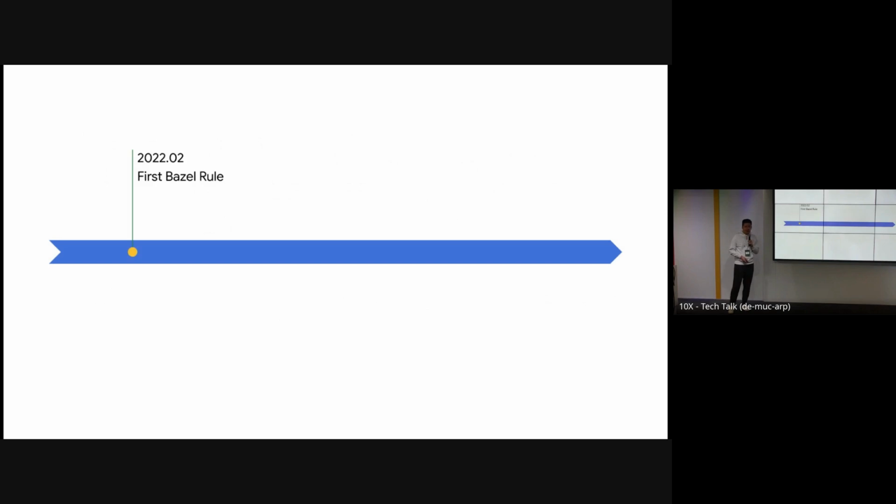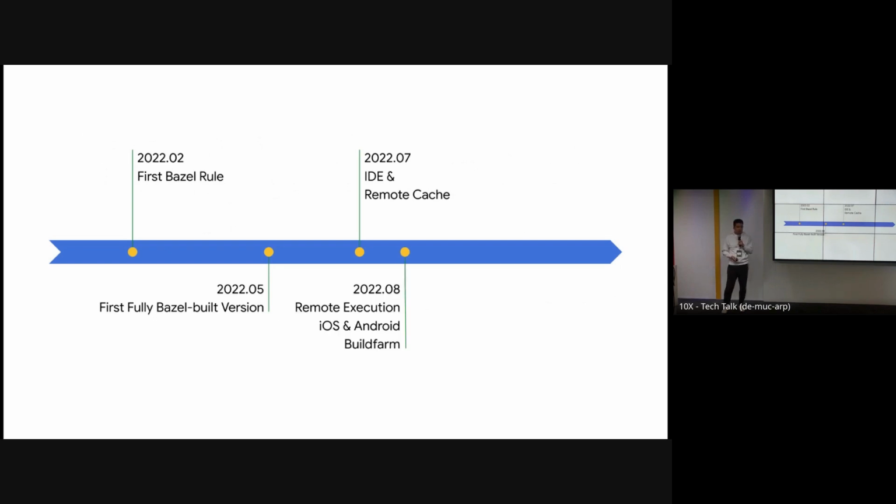In February last year, we wrote our first Bazel rule. The first fully Bazel build version took us 3 months. Then we spent another 2 months to add the IDE integration and remote cache support. We added remote execution support for iOS and Android builds with the build farm in the following months.